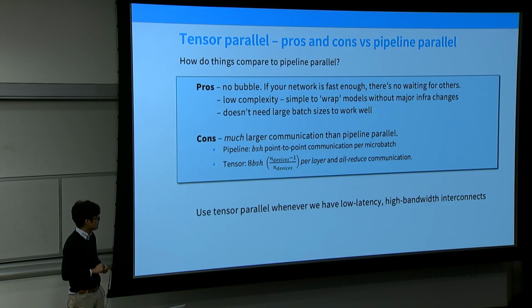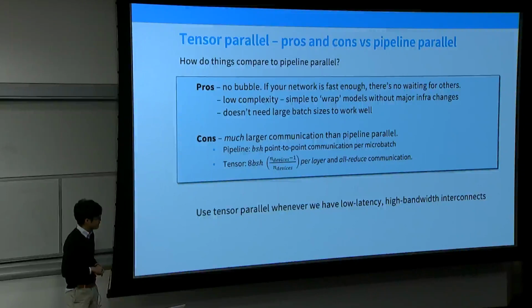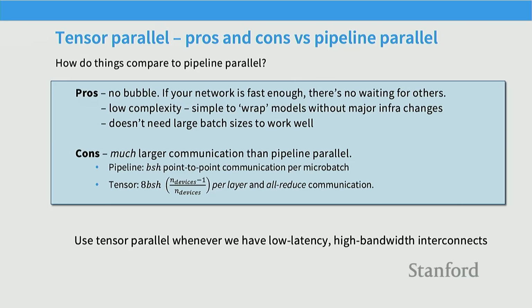Pipeline parallel is often used on top of that. I think the only example I know of that does pipeline but not tensor parallel would be DeepSeek v3, as far as I know.